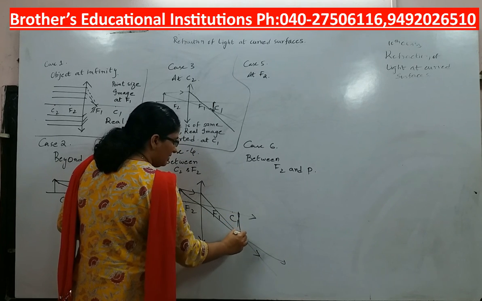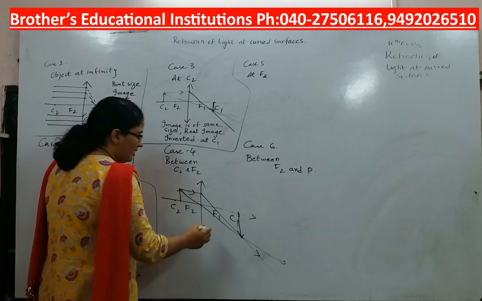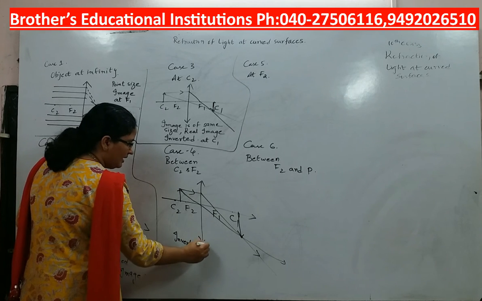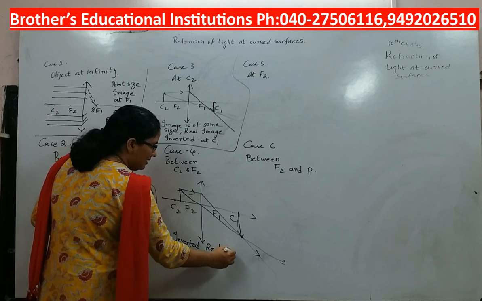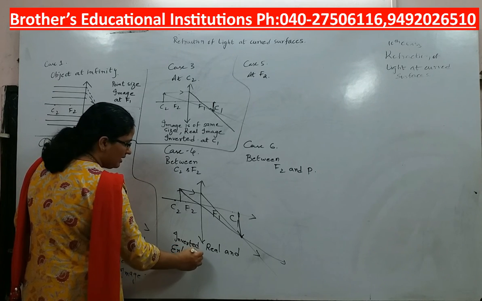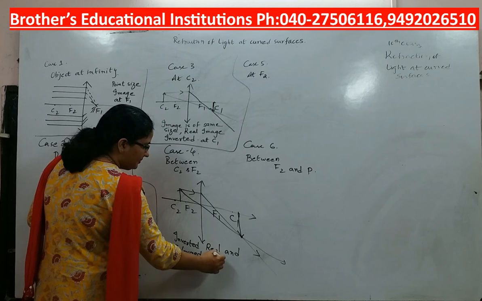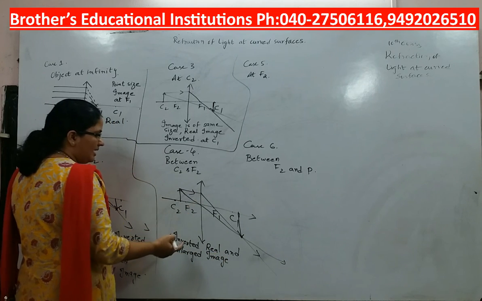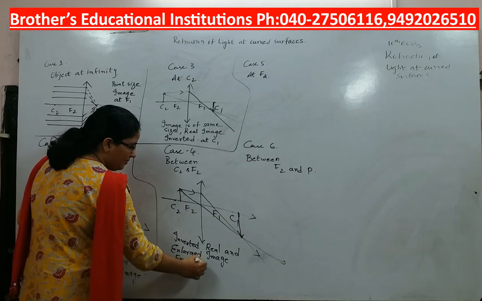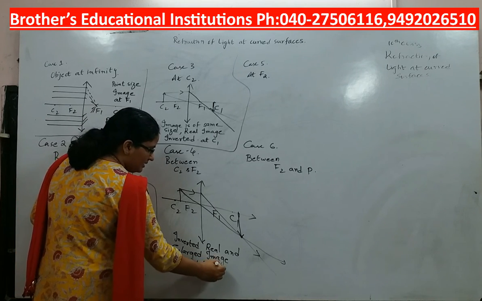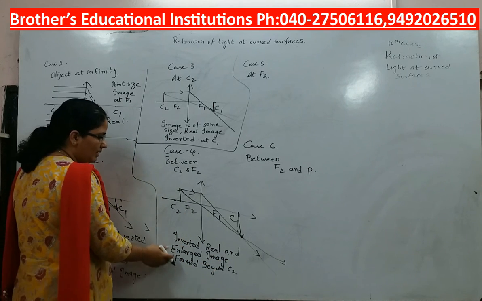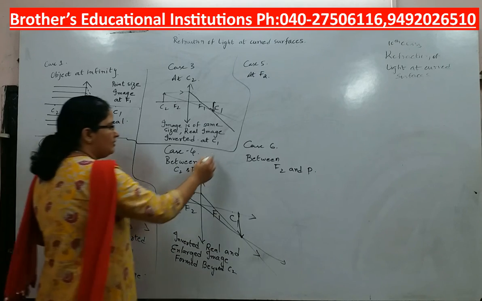Draw a perpendicular. So you get an inverted, real and enlarged image formed beyond C2. That's about case 4.